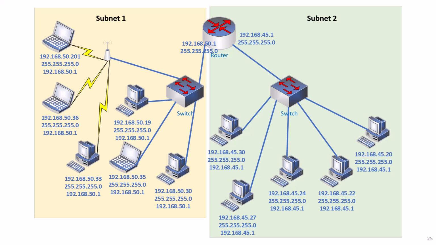Even the router link on the subnet begins with 192.168.50 and has the subnet mask of 255.255.255.0. Similarly, subnet 2 also uses the 255.255.255.0 subnet mask, which has the network portion of 192.168.45.